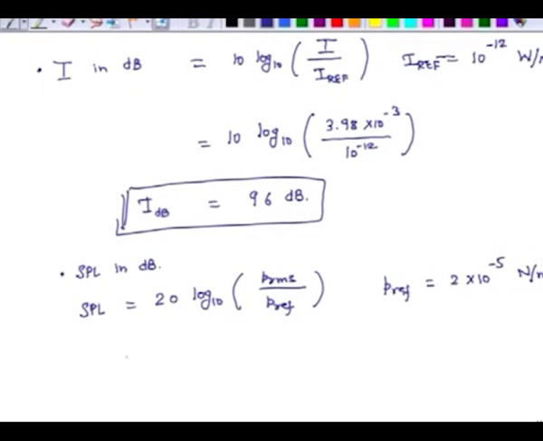We call this equation 1, and this is equation 2.